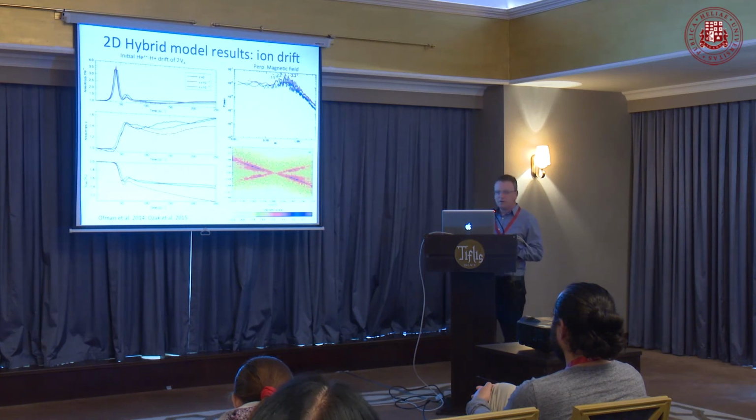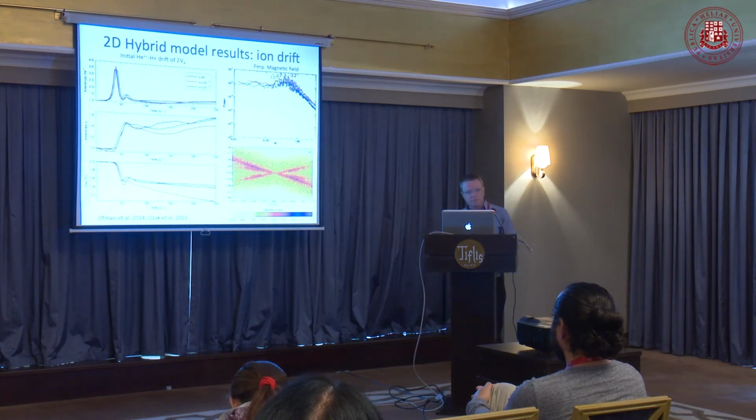In the next slide, here's another result of this 2D hybrid model. It's actually 2.5D, so we do have two spatial directions, and we allow for magnetic field and velocity components out of the plane. What you see here is an initial drift between the protons and alpha particles, which is often observed in the solar wind, but this drift is increased artificially to get faster evolution of the instability.